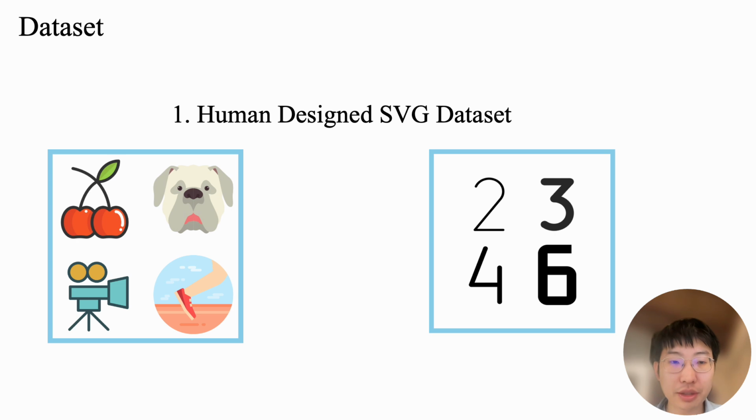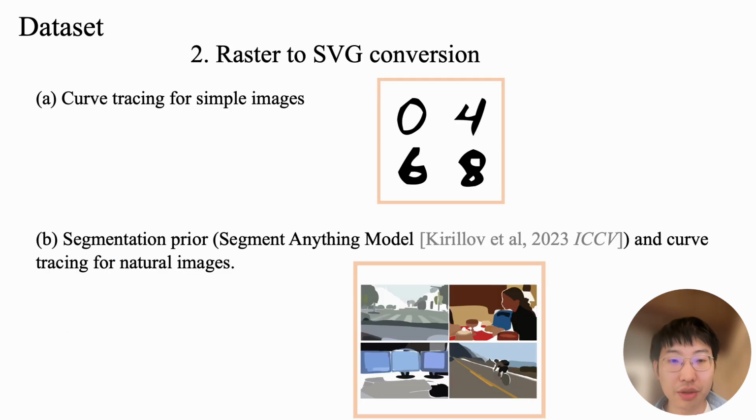We leverage different sources of datasets to study this problem. Firstly, we use a human-designed SVG dataset, including icons and numbers. In addition to this, we also include real-world images, which we convert from the rasterized representation to SVG format. Firstly, for simple images, we just use curve tracing to get the resulting image.